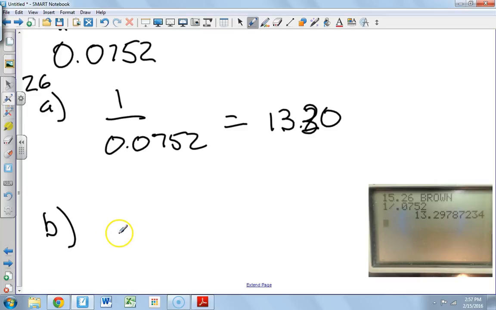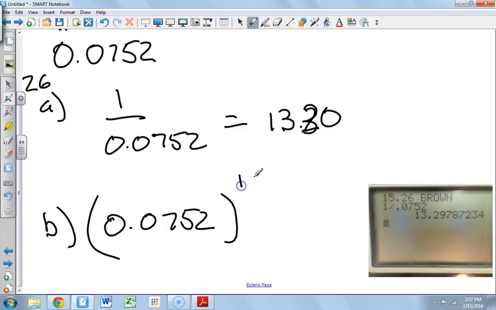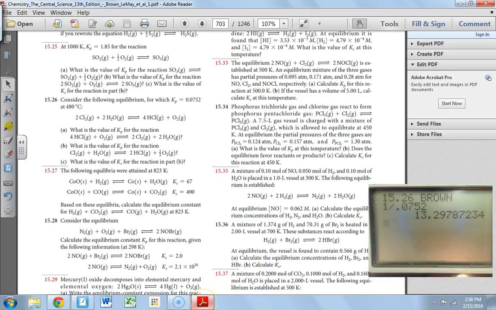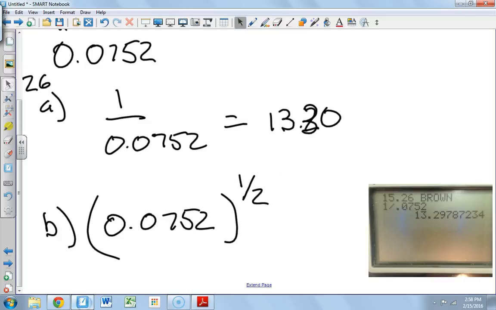So let me show you. Our original Kp was 0.0752. Now all we have to do is raise it to the half power, or take the square root of it, to get the right answer. This is half of this reaction, so we raise the Kp to the power of half.